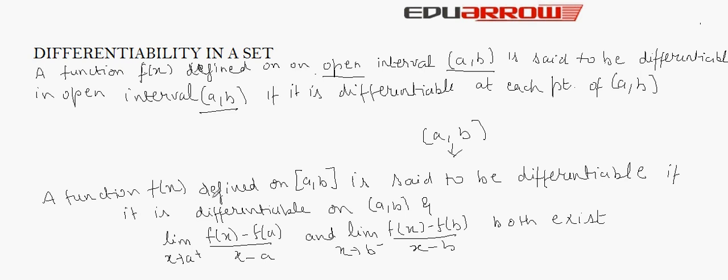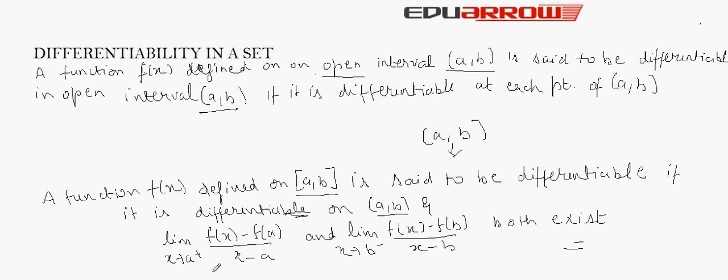A function f(x) defined on a closed interval [a, b] is said to be differentiable if it is differentiable on the open interval (a, b), and the right hand derivative at a and the left hand derivative at b both exist.